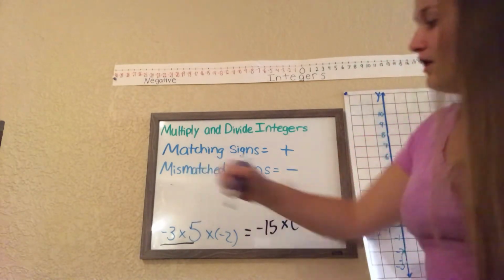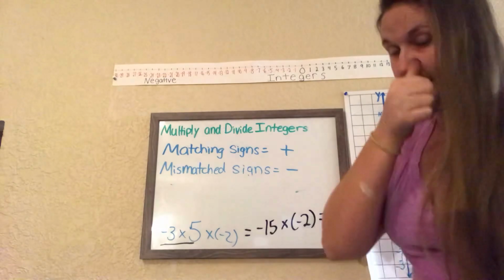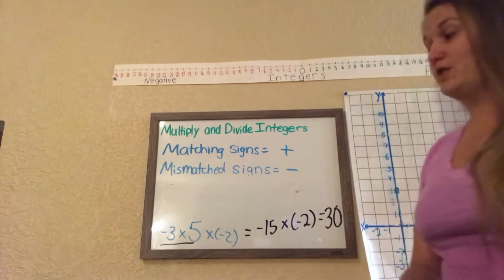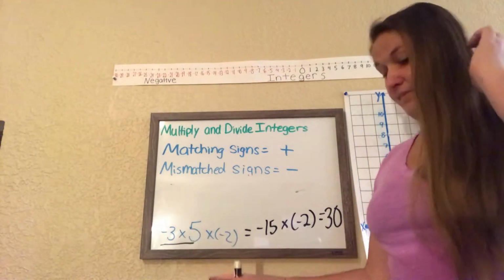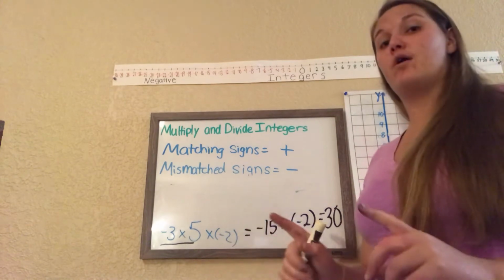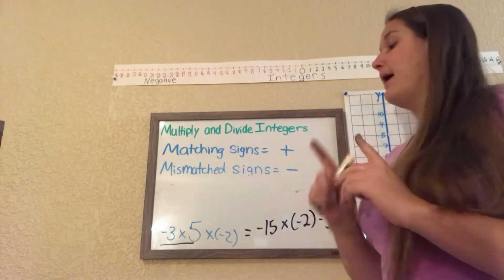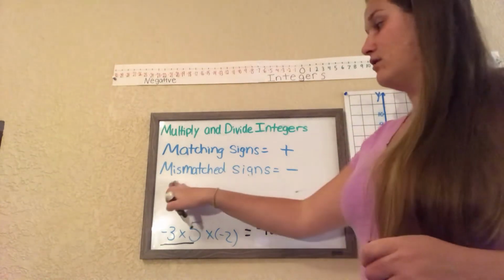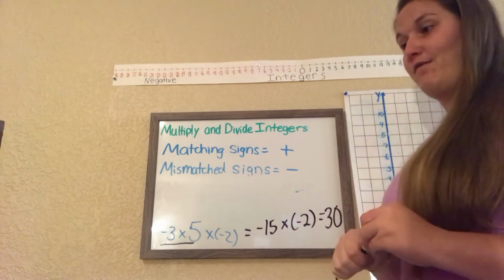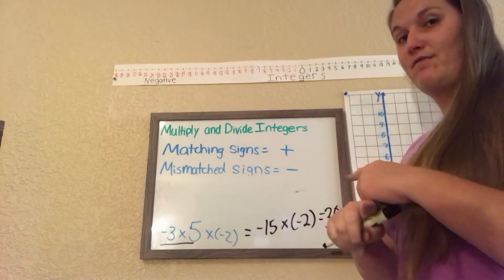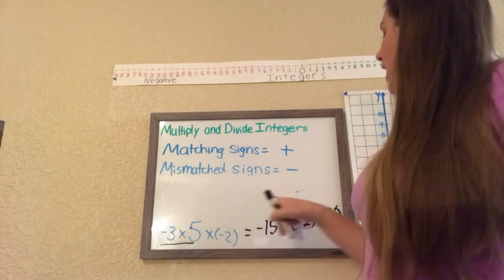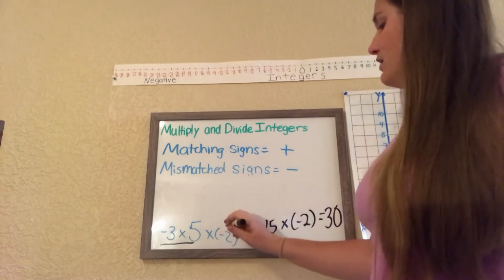Now, when it comes to multiplication and addition, you're allowed to switch up the order in which you write them, okay? It does not make a difference in order with multiplication and addition, okay? However, don't switch around your order for like 5 minus 2 versus 2 minus 5. Those don't work. So what I want to do here, let's rearrange them.